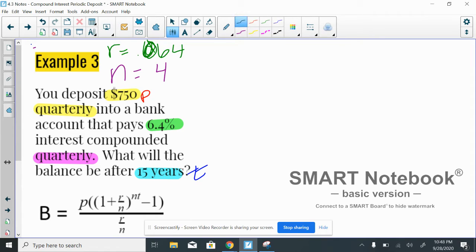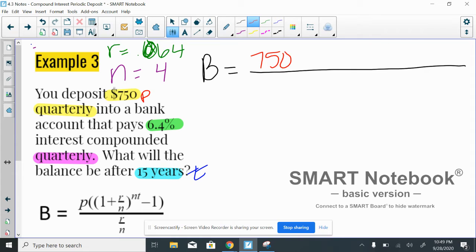So plugging into my beautiful formula, I have B equals, set up that fraction bar with enough space. And this periodic deposit is $750. We are going to open up 2 parentheses there, and then 1 plus the rate divided by n.